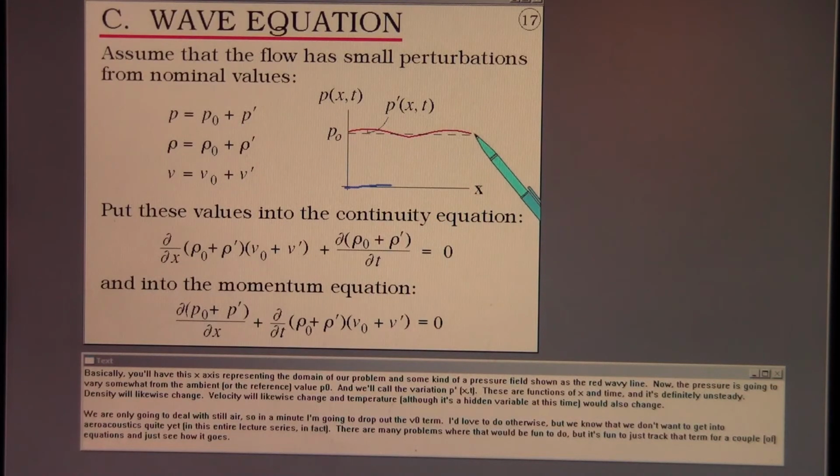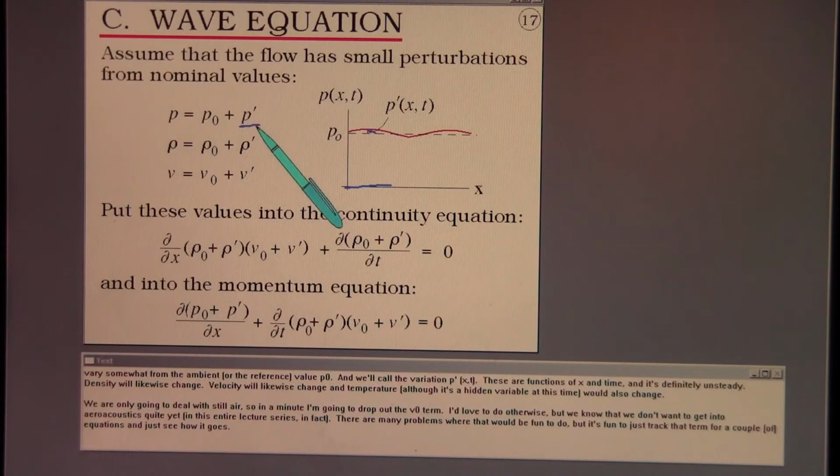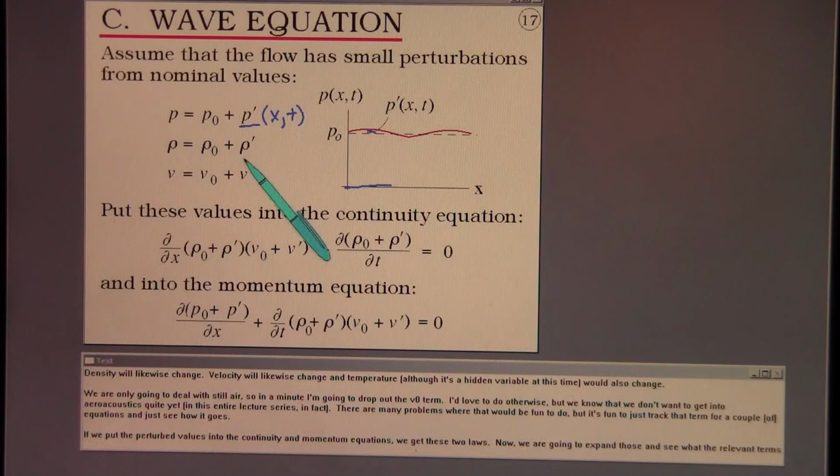Now, the pressure is going to vary somewhat from the ambient or the reference value P0, and we'll call the variation P prime of x and t. These are functions of x and time, so it's definitely unsteady. Density will likewise change. Velocity will likewise change, and temperature, although it's a hidden variable at this time, would also change.